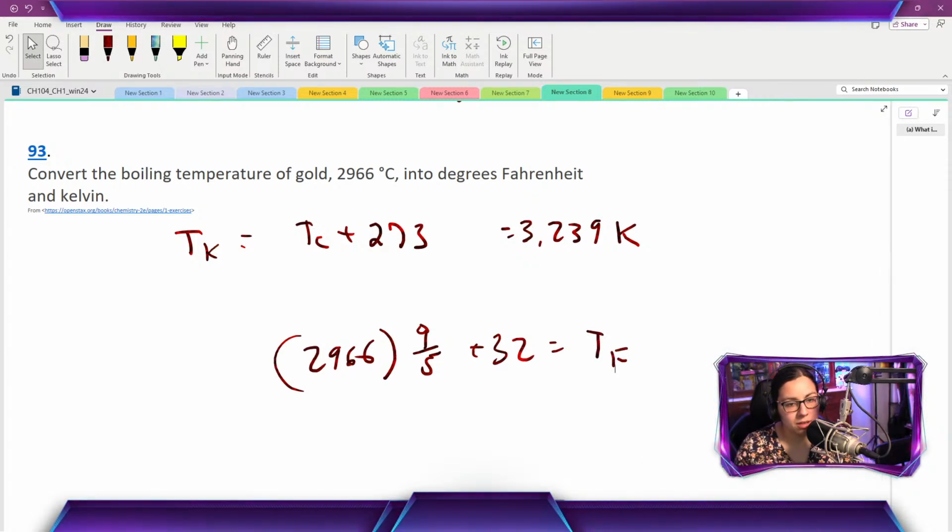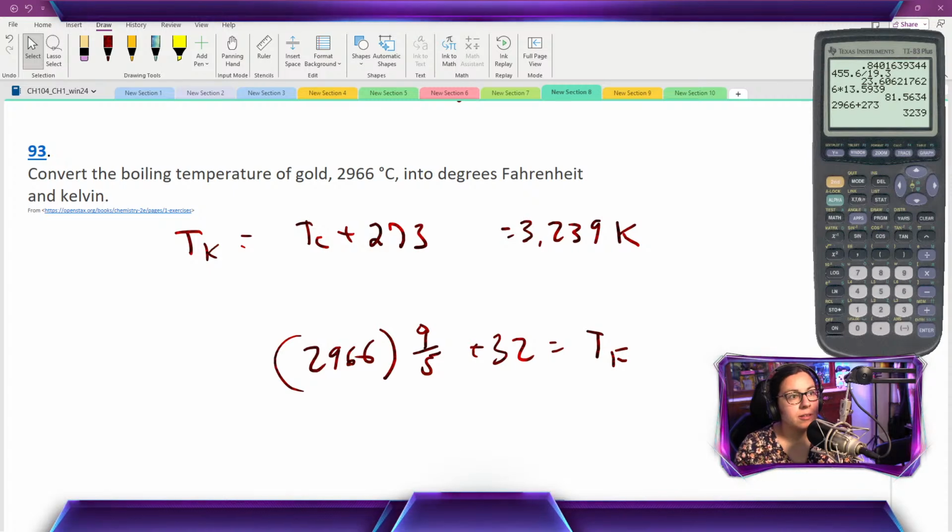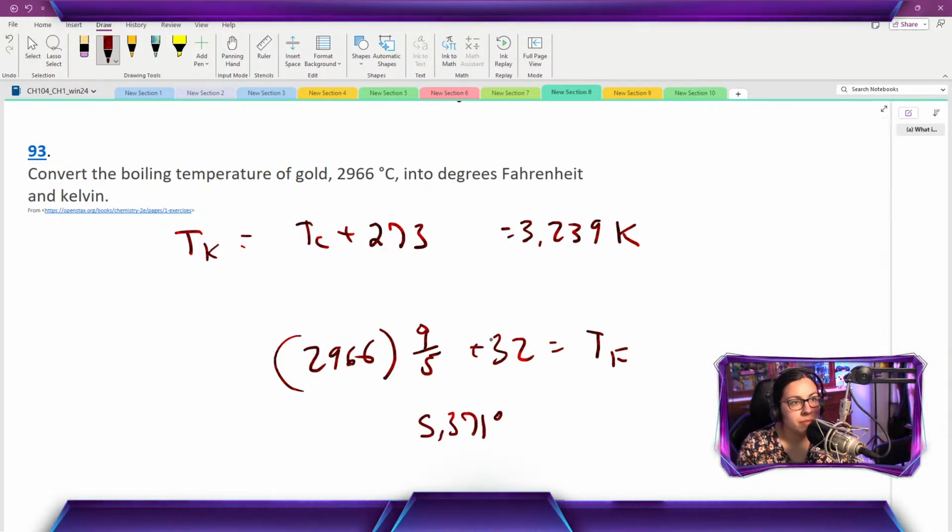So just plugging it in, let's do that together. 2966 times 1.8 plus 32. So I get 5,370. I'll round it to 71 degrees. All right, excellent. Any questions on that?